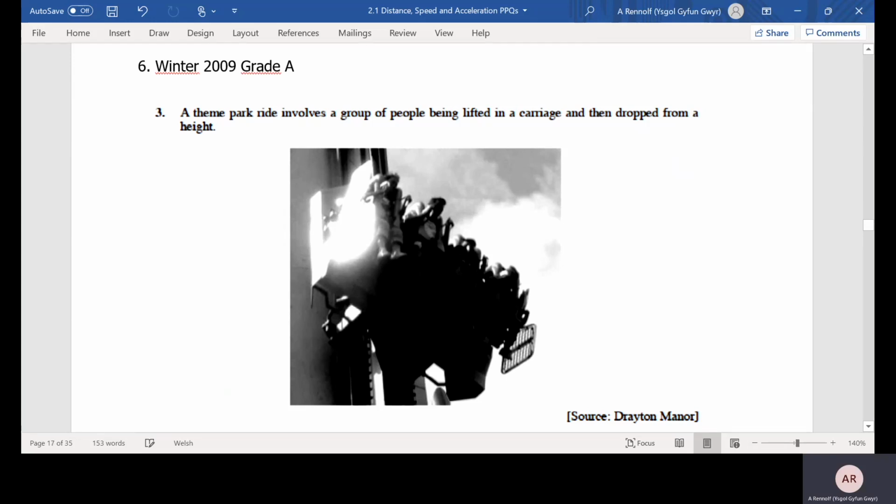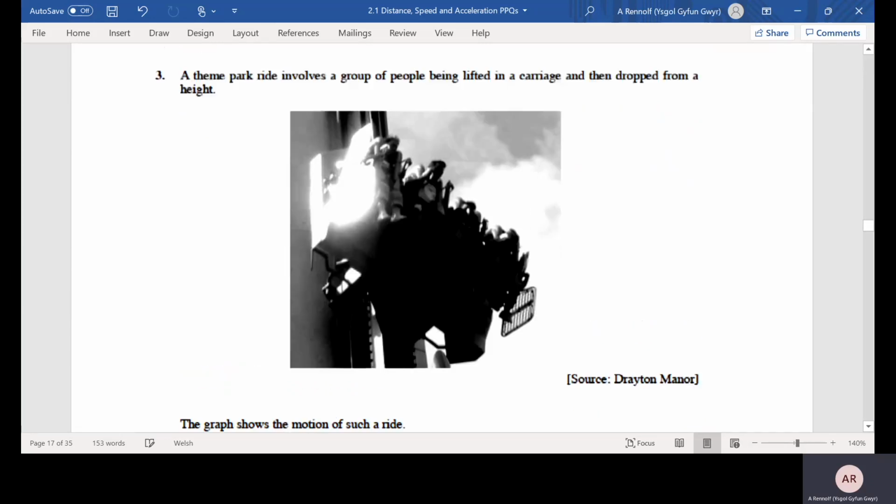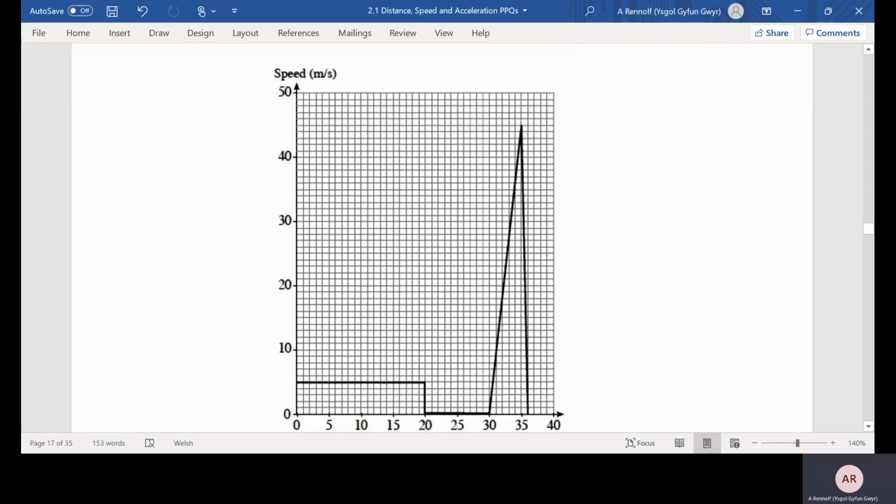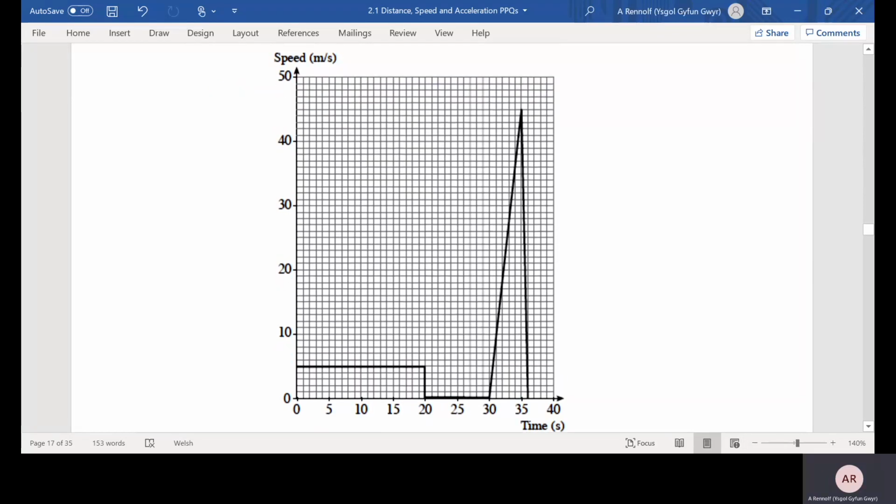Okay, so we've got a theme park ride here involving a group of people. They get lifted and then they get dropped. It's in Drayton Manor, so they say. The graph shows the motion for such a ride. Now, this graph seems to be a little bit all over the place, but let's just figure out what's happening. Our first 20 seconds, the speed is down at 5 meters per second, and the vehicle's traveling at a constant speed.